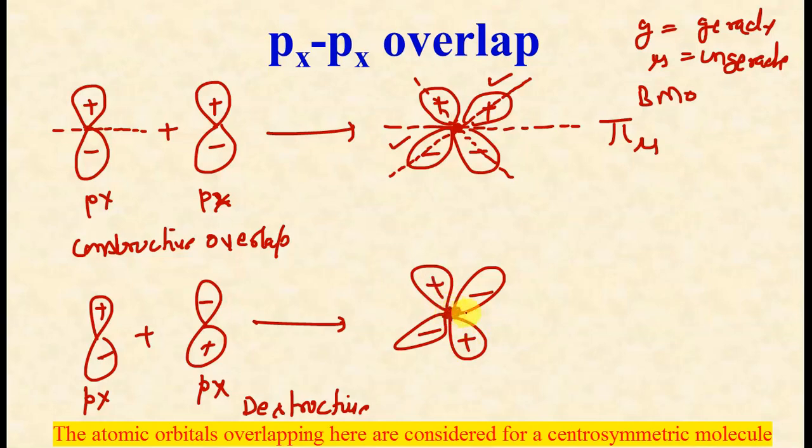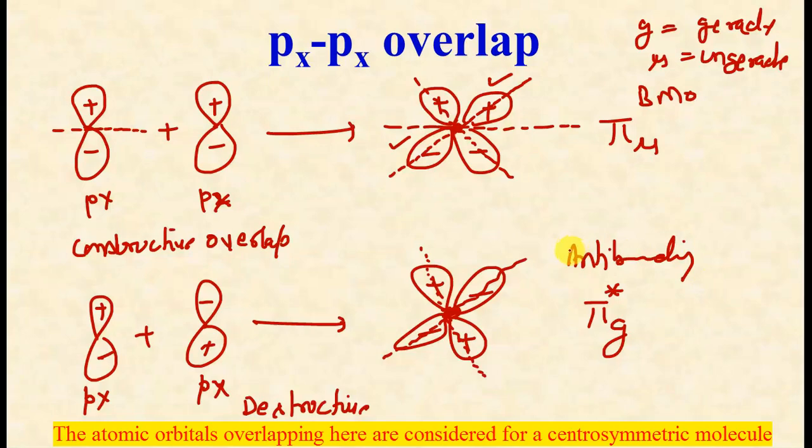This is the point from where we can extend the line, and you can see that if we extend a line from this point, we will get the same type of charges on both sides, whether we extend the line across the positively charged or the negatively charged lobes. Now this is becoming symmetric. So the symbol will be pi g, but this orbital is anti-bonding in nature.